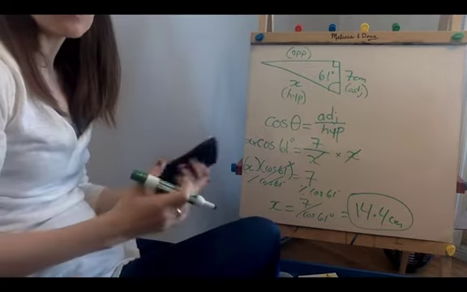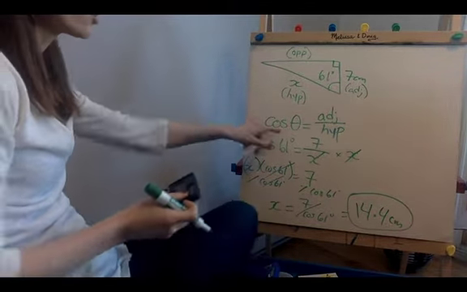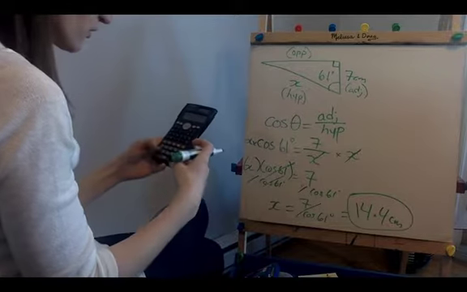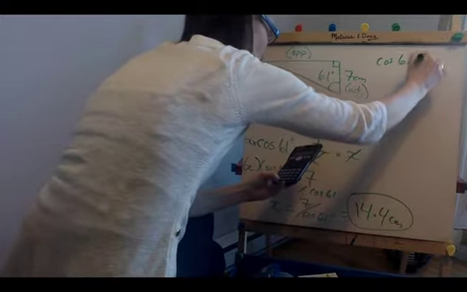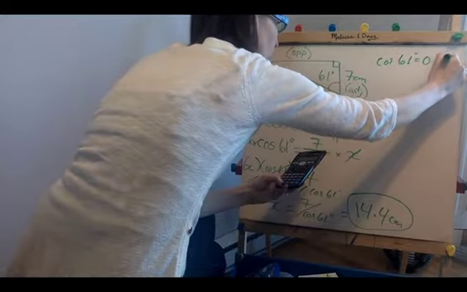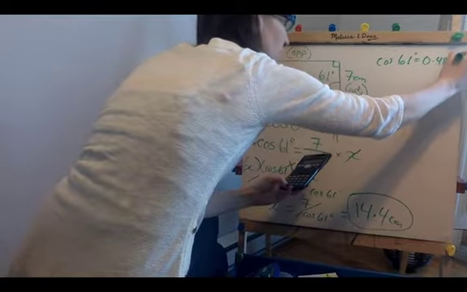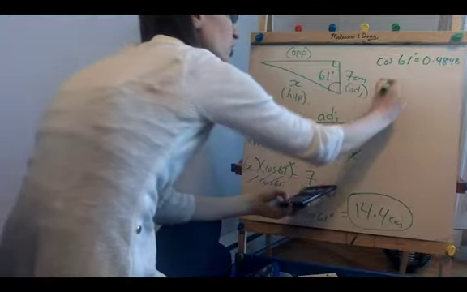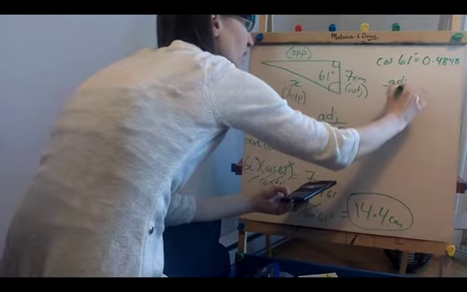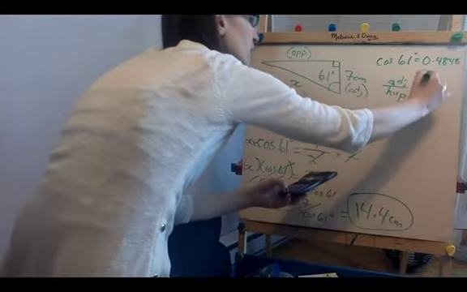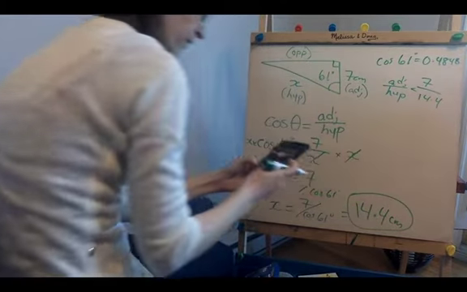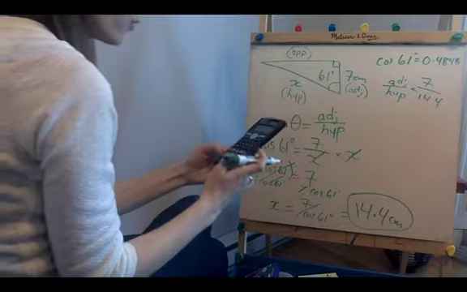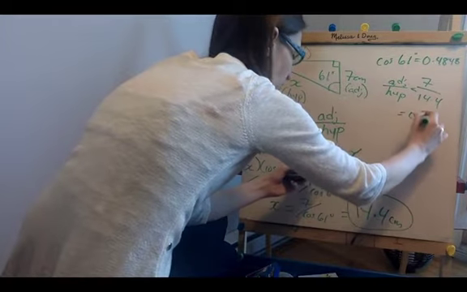And again, you can see how this equation works. If you typed in just cos of 61 on its own, it is equal to 0.4848. And then if you did the adjacent side divided by the hypotenuse side, 7 divided by this 14.4, you still get that 0.48.